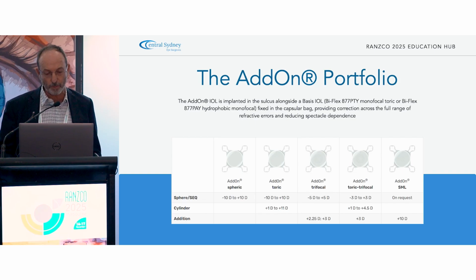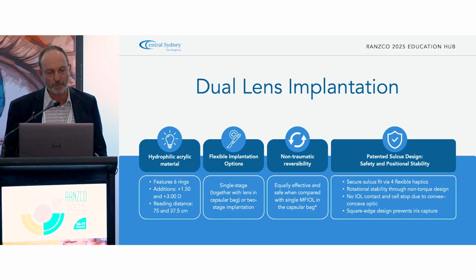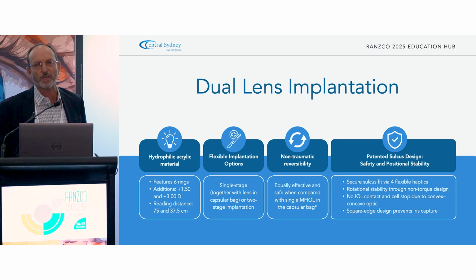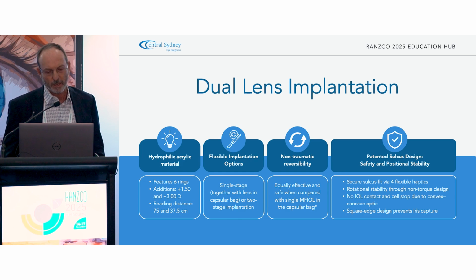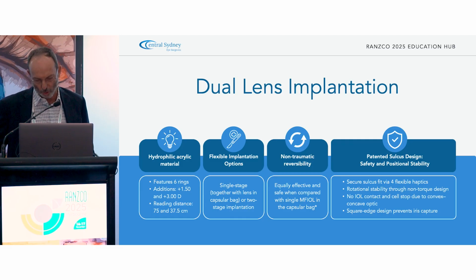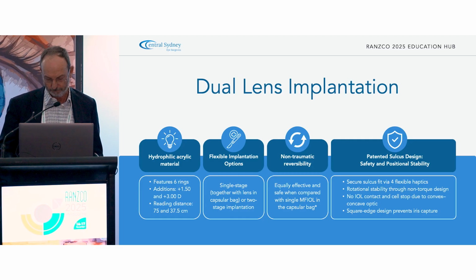So it's very valuable. So with dual lens system, well, I'm going to skip most of this because Alison's mentioned this. The point is it's easily reversible, it's very stable, and you can do it simultaneous or consequentially.